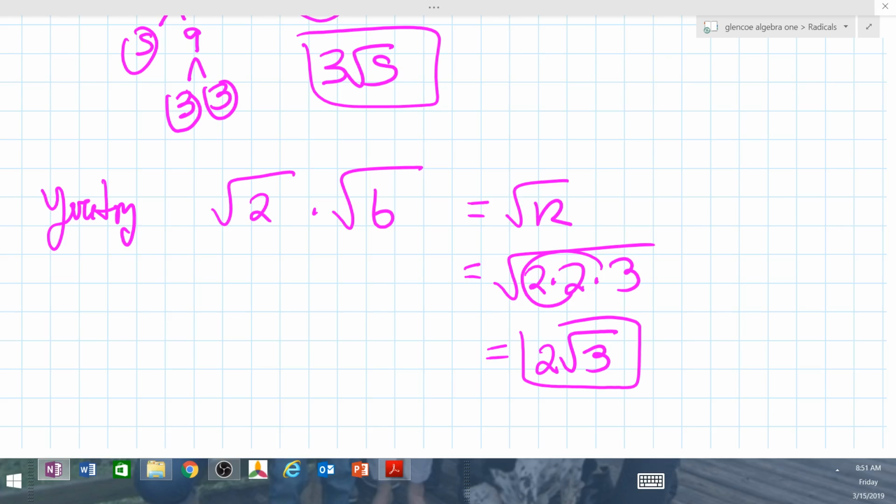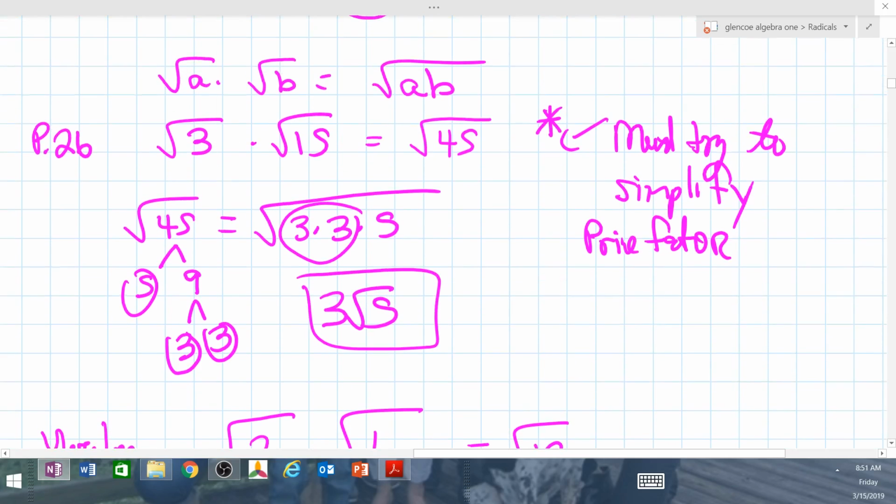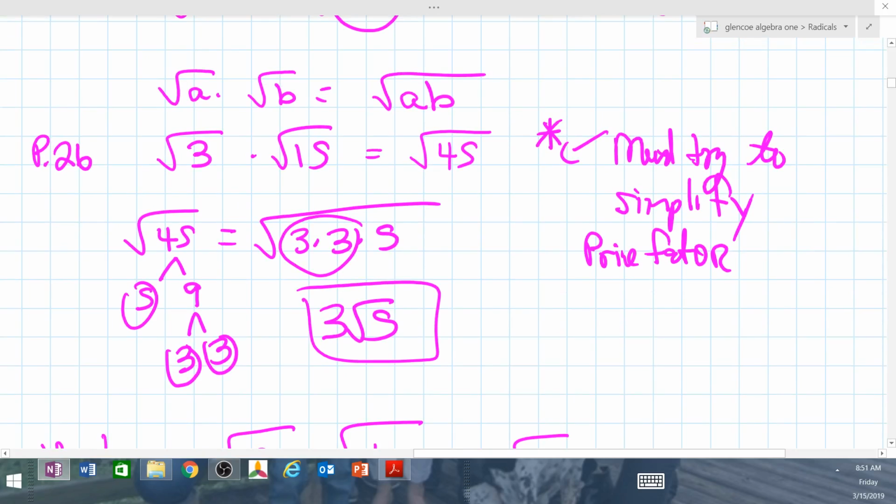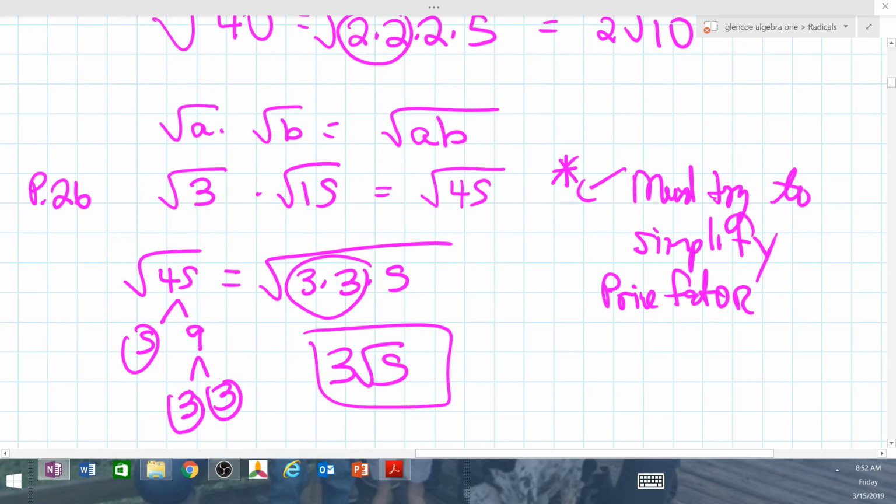So what we're doing here is we are multiplying radicals. We are on page 27 in your notes. Let me just go back for a minute and show you the one that we just did. We have this property that we're using: the square root of anything under a radical times something else under a radical equals the square root of the product of the two of them.